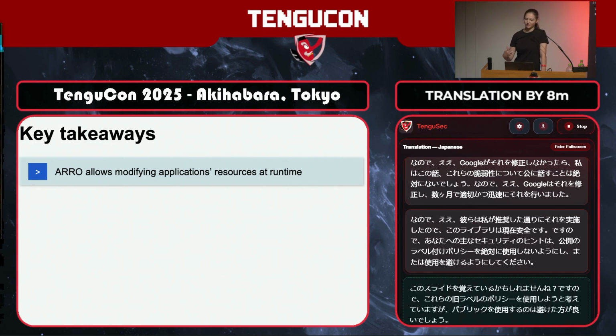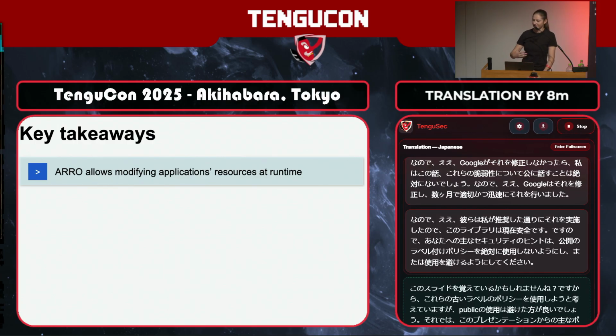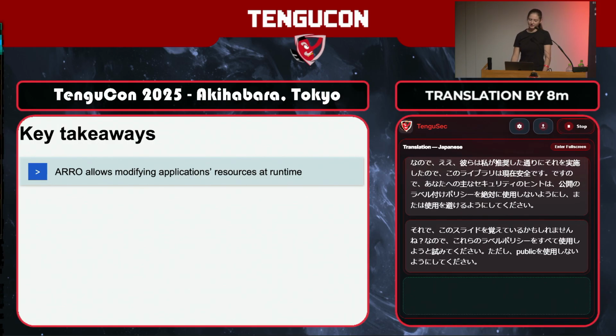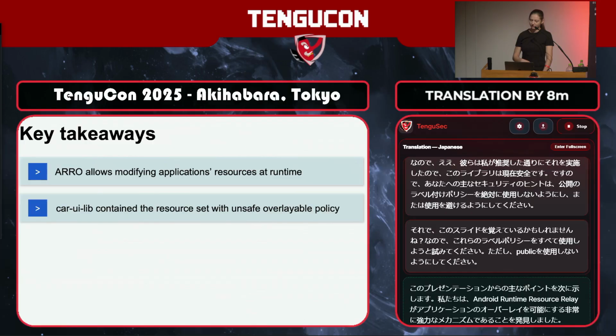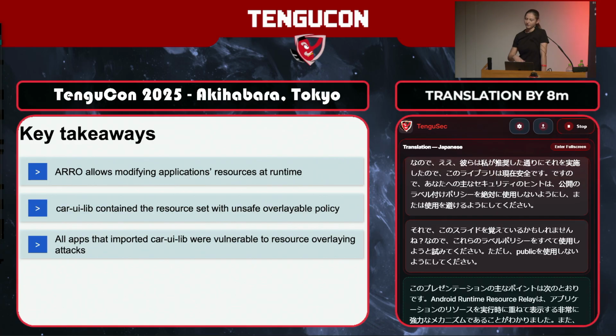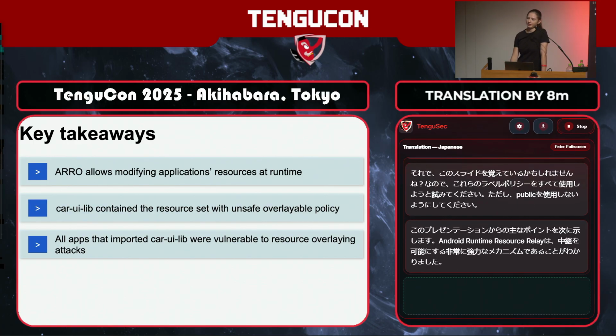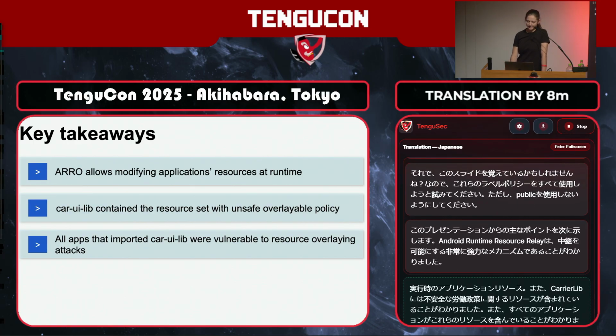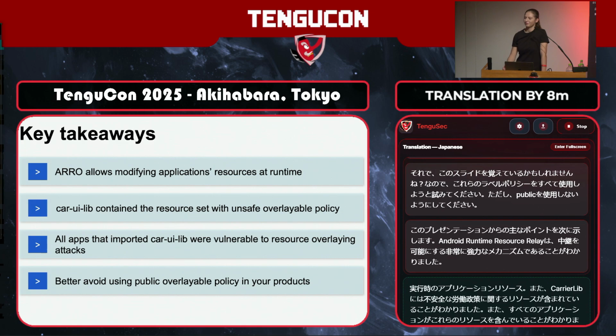We found that Android runtime resource overlay is quite a powerful mechanism that allows overlaying application resources at runtime. We also found that Car-UI-Lib contained a resource set with an unsafe overlayable policy. We also found that all applications that imported Car-UI-Lib were vulnerable to the overlay attack, and try to avoid the public overlayable policy, just in case.